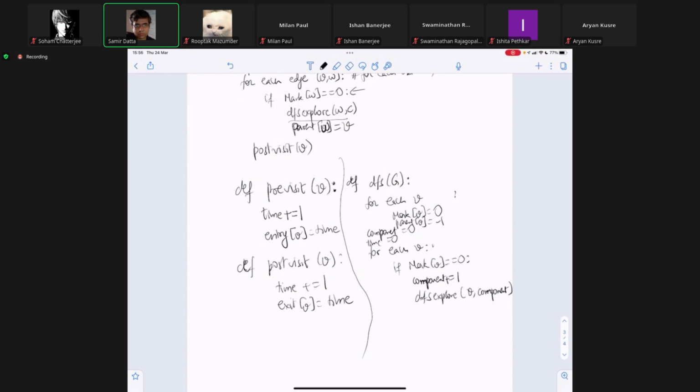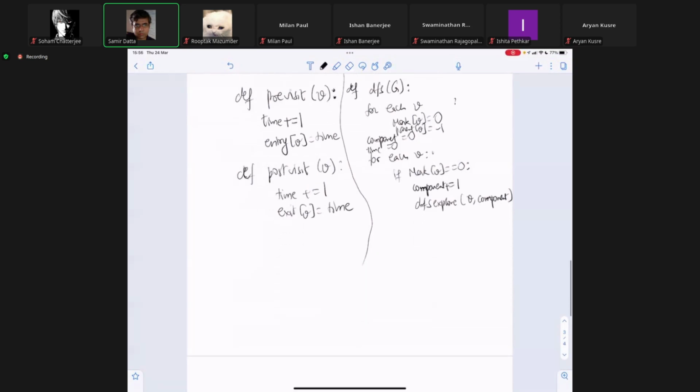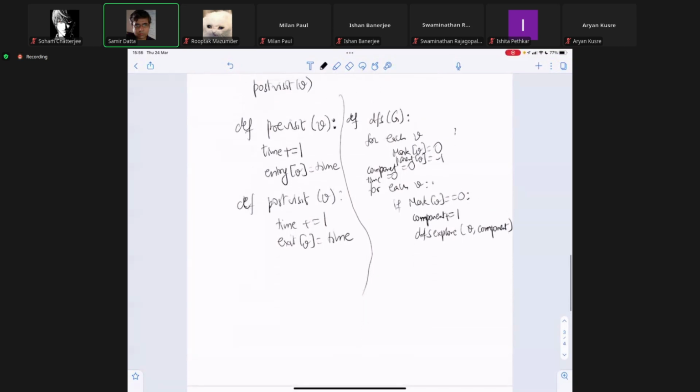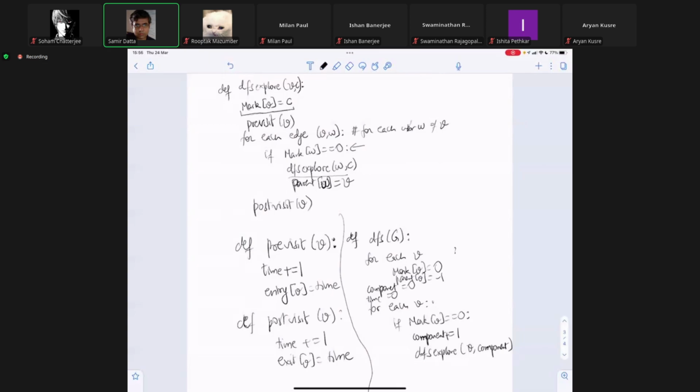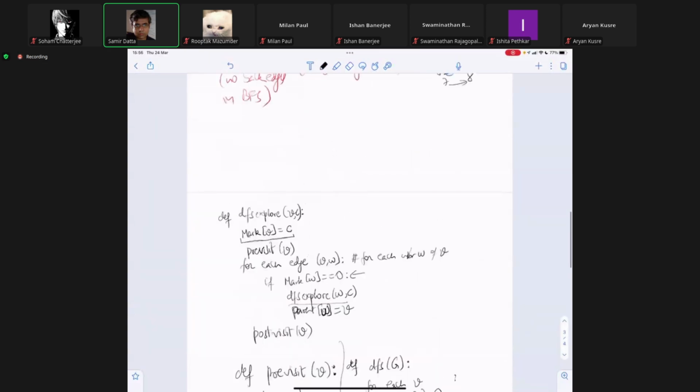Correct? Now what is happening? We are time-stamping the entry and exit of every vertex we visit.